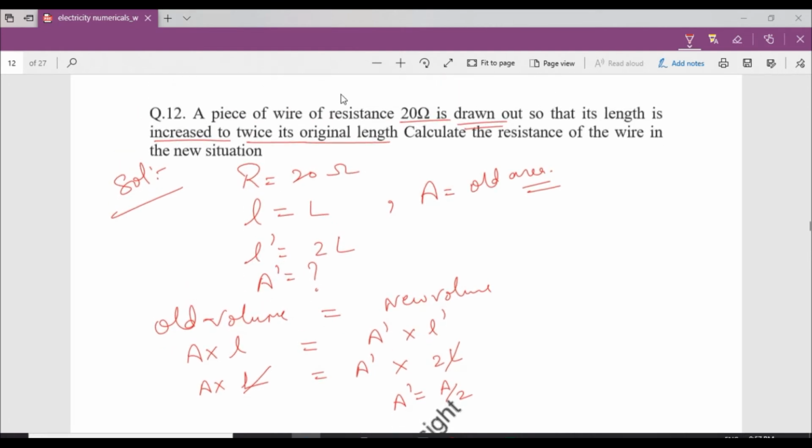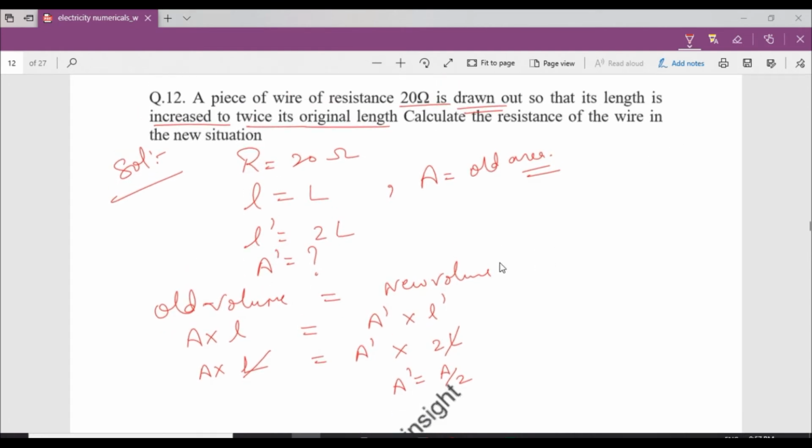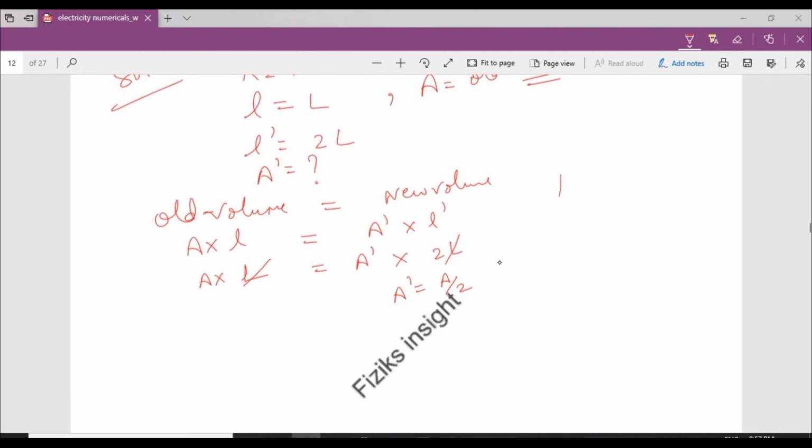So we need to evaluate the new resistance. R dash comes out to be rho L dash upon A dash. So R dash will be equal to rho, L dash is 2L, upon A dash which is A by 2.